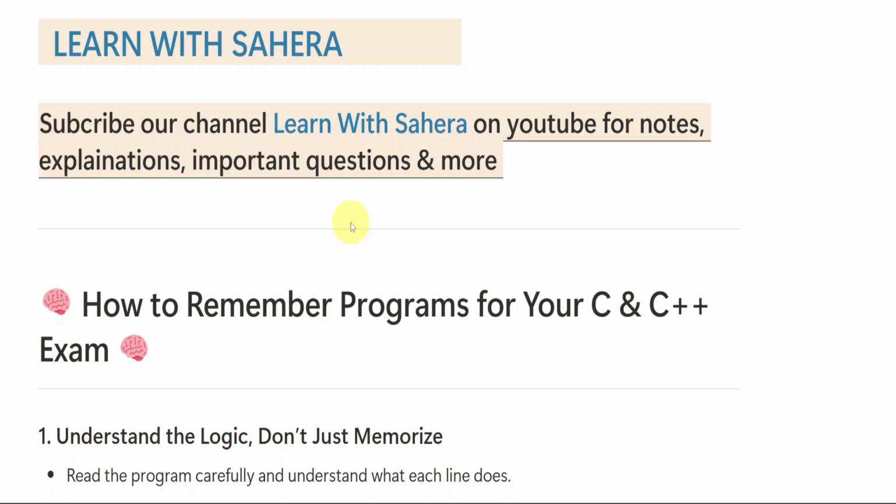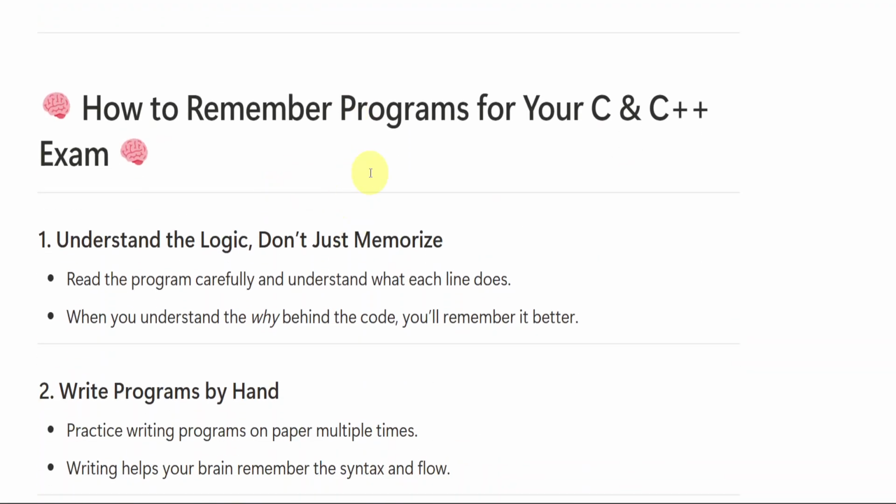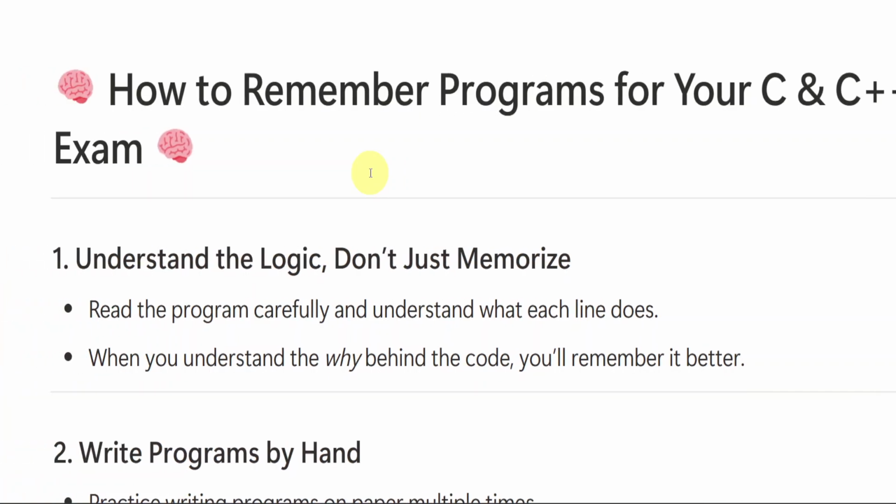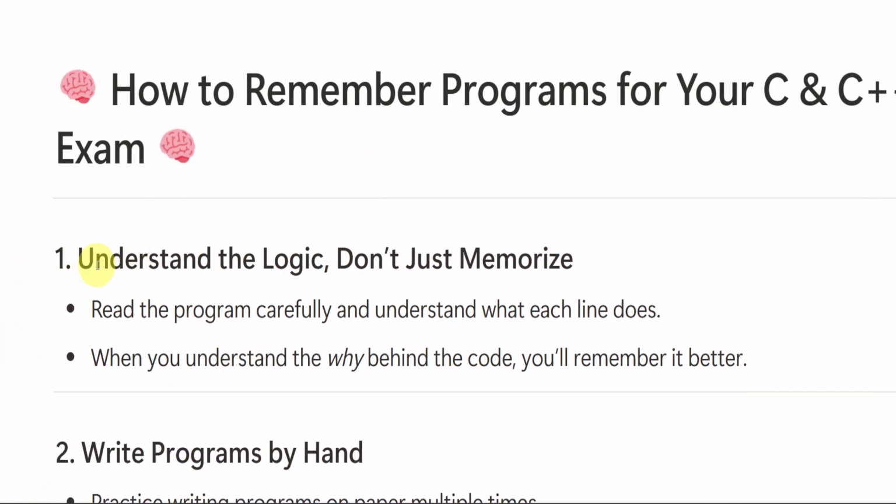Keeping this aside, let us get started with our video on how to remember programs for your C and C++ exam. First thing is understand the logic, okay? Don't just memorize. As I have already shown you the structure of a C program in our multiple videos, in the unit number 1 explanation, in our cheat sheet of theory, and also we went through short questions.